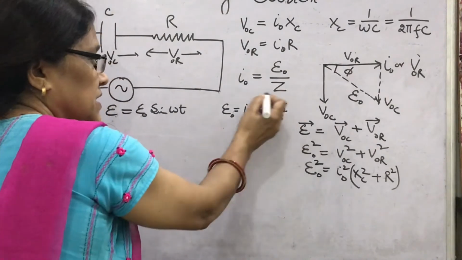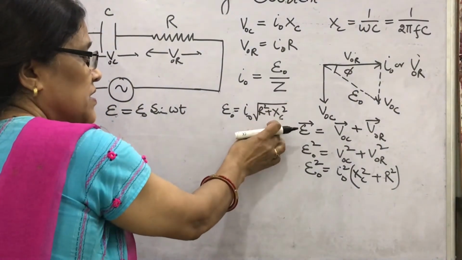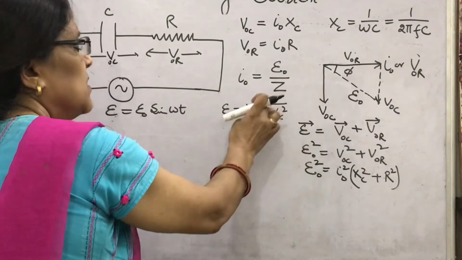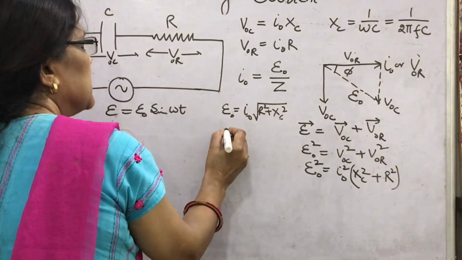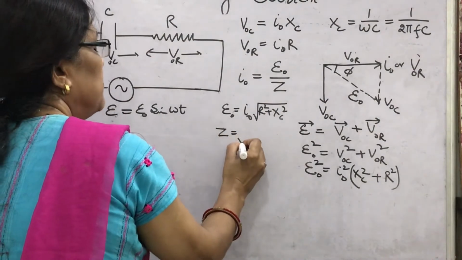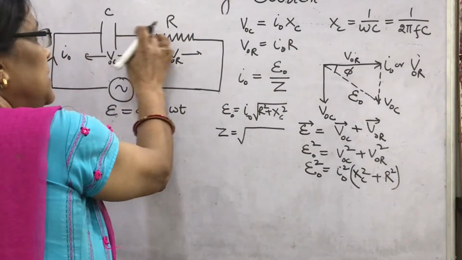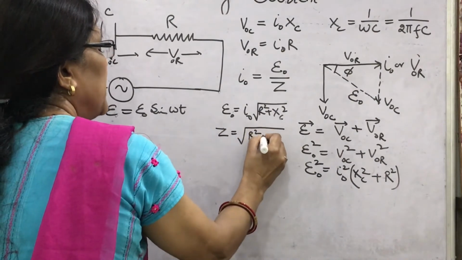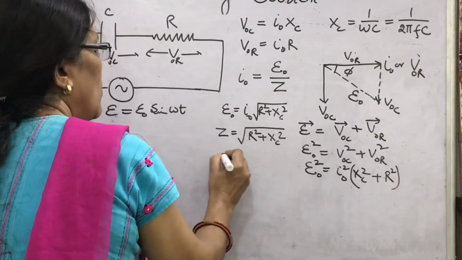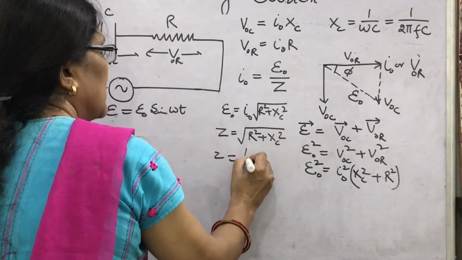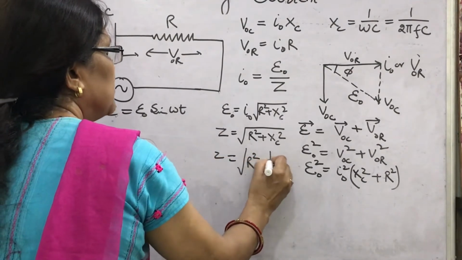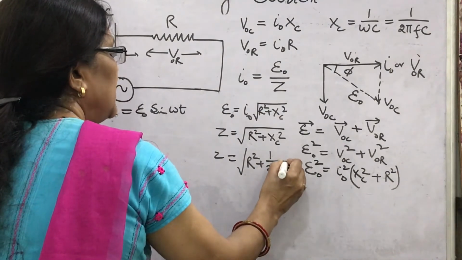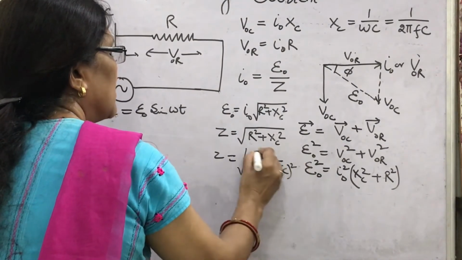Compare it with this result: this quantity is called impedance Z. So the impedance in a series CR circuit is the square root of R square plus XC square, or you can write the square root of R square plus, 1 upon 2 pi fC, whole square.